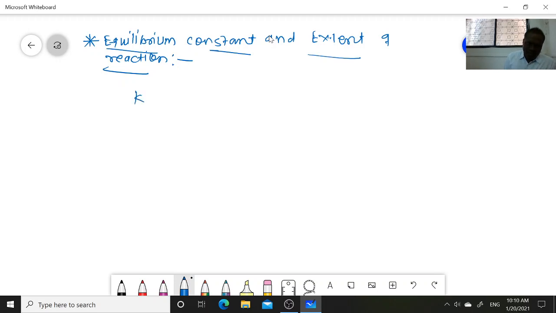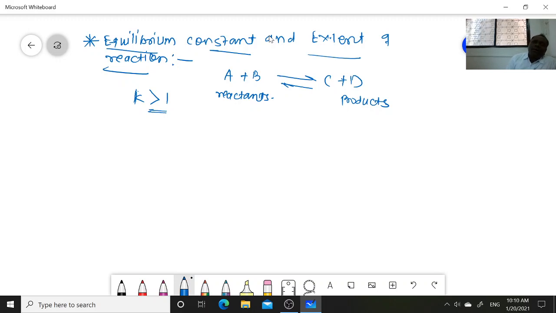When K, we write K as K equilibrium, K is greater than 1. When K is greater than 1, the reaction proceeds in the forward direction, meaning A plus B gives C plus D. These are the products, right? And these are the reactants.